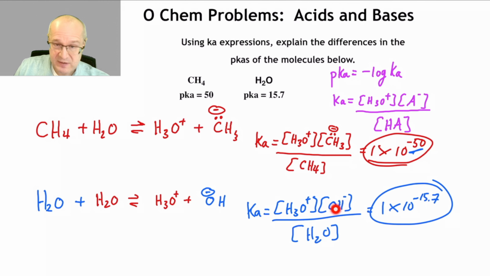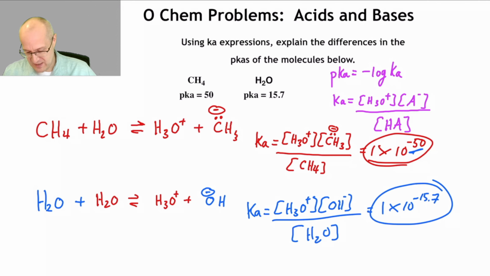This anion must be relatively stable in comparison to methyl anion, which must be relatively unstable. That's what it's telling me. It's telling me something about the anions, because the cations, let's face it, are the same for both reactions, so we don't really get much information from that. What we do get information on is the conjugate bases. This conjugate base is much more stable than that one. And why would that be? Because oxygen is more electronegative, and that's where the anion is sitting.